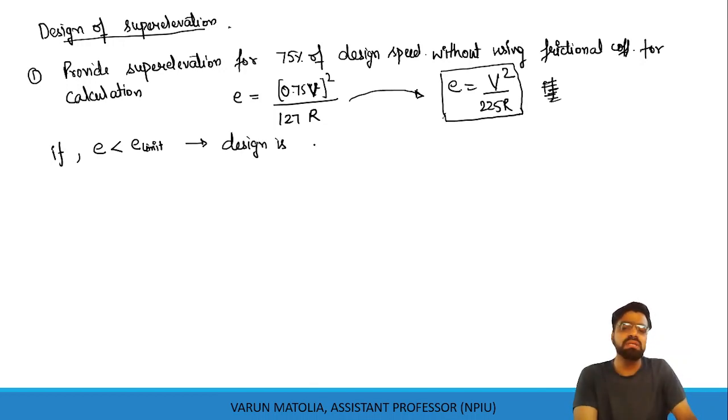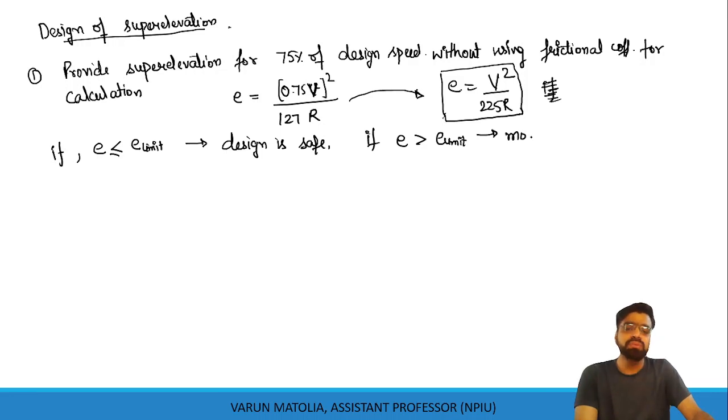Design is safe because we cannot exceed the value of super elevation beyond this E limit. If E is equal to E limiting, there is no harm, but if it is greater than E limiting, then it is dangerous.